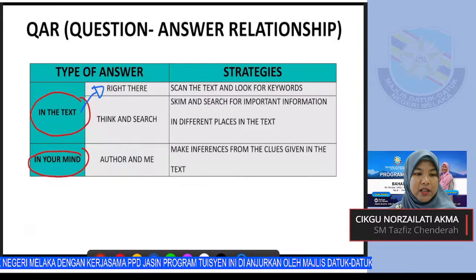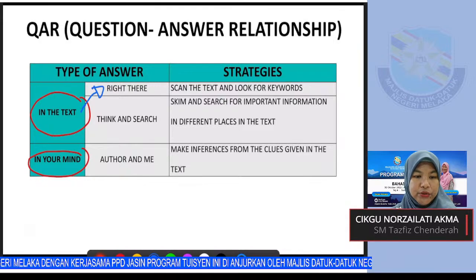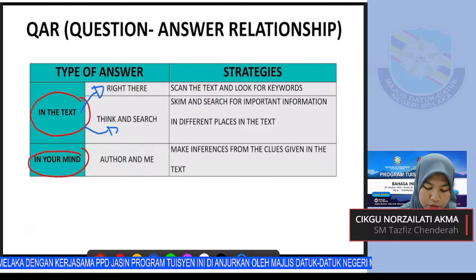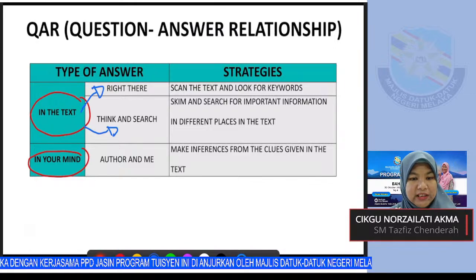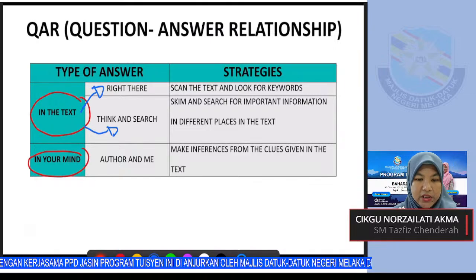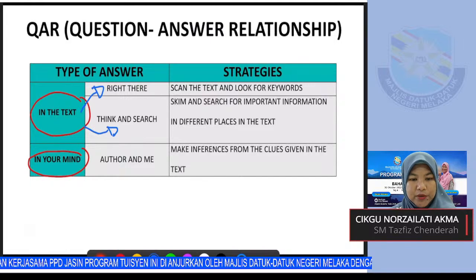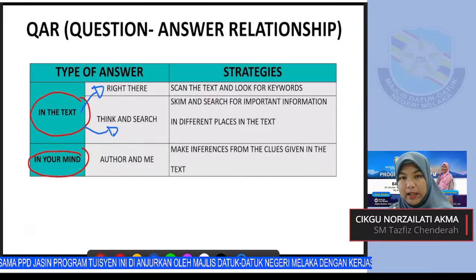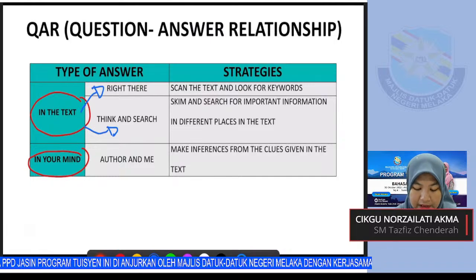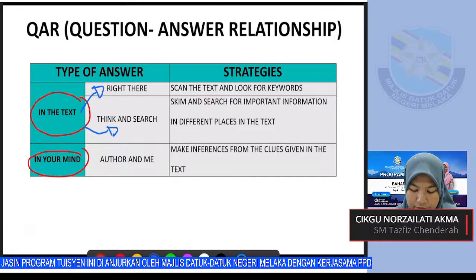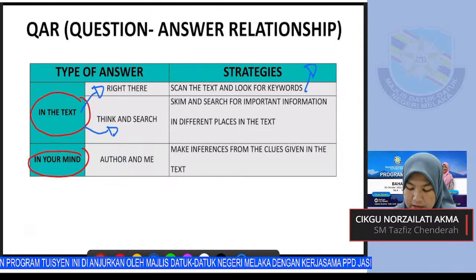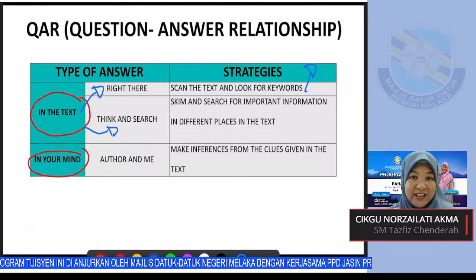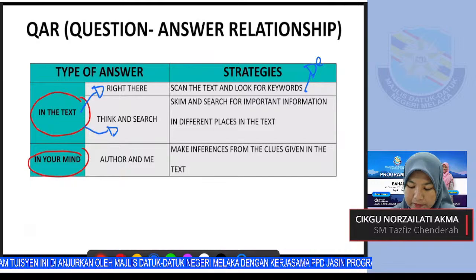But there are answers that require more thinking and searching. Here you need to skim and then search for important information in different places in the text. For example, for the first type of answer, you can straight away find it in the first line.